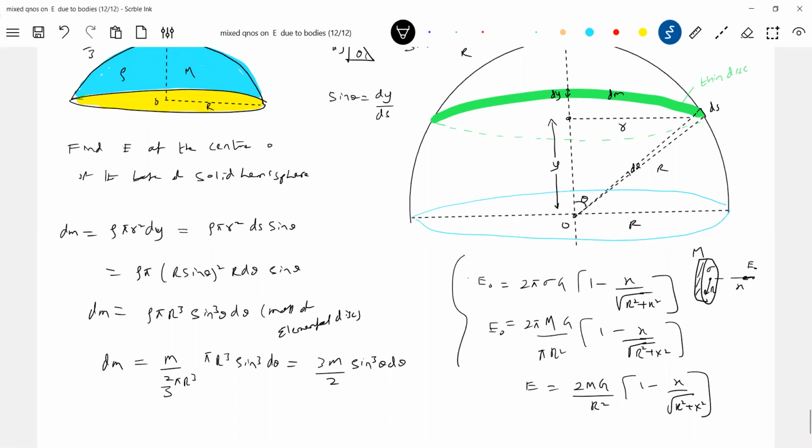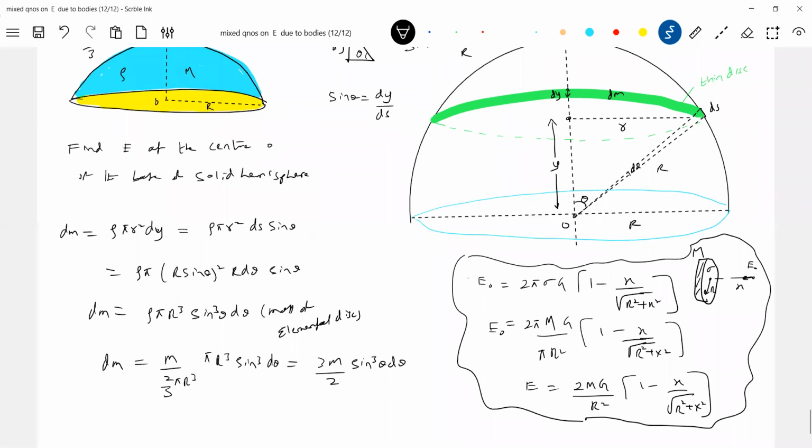We are going to use this data. Okay, let's come to this. Do we know the mass of the thin disk? Yes, we know. We know the radius of the thin disk, small r. So in place of capital R, what shall I write? Small r. In place of M, dm. In place of x, y. I agree with this one.